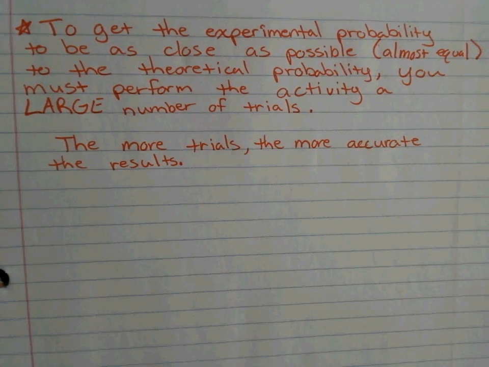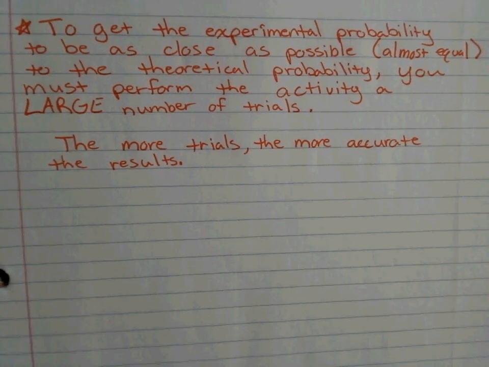If I know that the probability of a student performing well on the next assessment is 75%, then to figure out roughly how many kids in my class are going to do well, I'm going to take that probability of 75%, which is 75 over 100, and set it equal to X out of however many students I have, in this case 34 students in this class. Then I would do a cross product to solve and see roughly how many kids I would expect to do well. That's called our probability prediction ratio, or proportion.